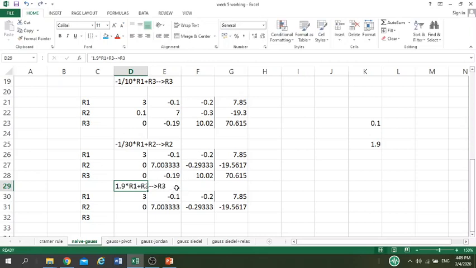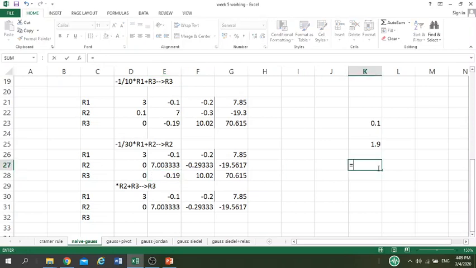Somehow we need to change R2. So we have to assign a certain value of coefficient for R2 so that when it adds up with R3, this value becomes 0. Let us find out what is the value of that coefficient.